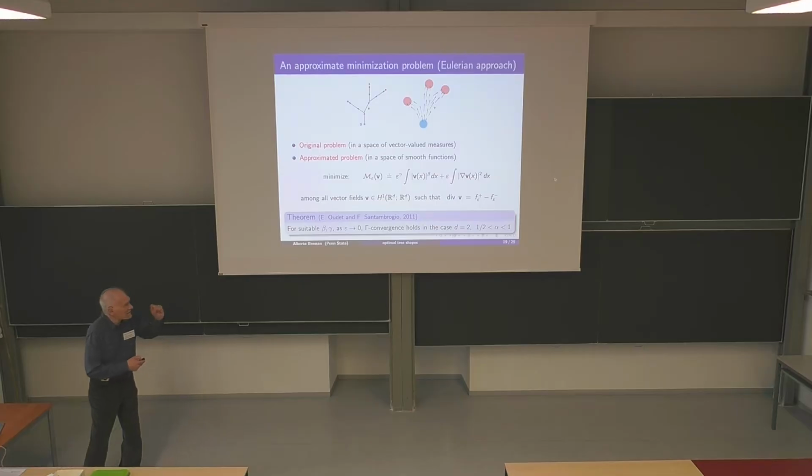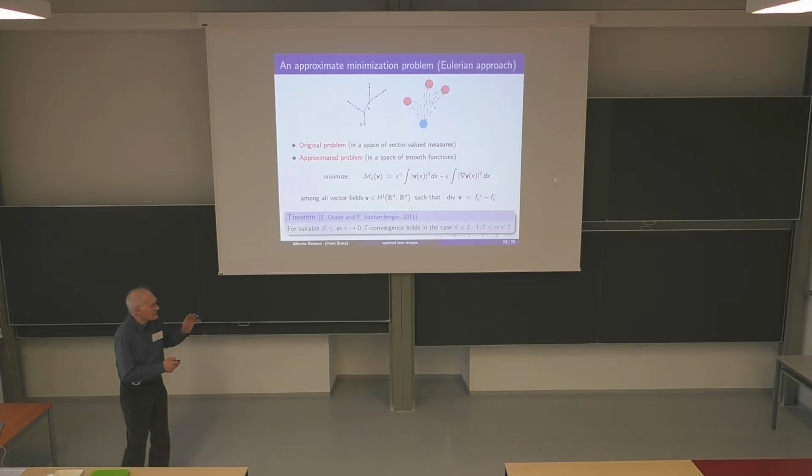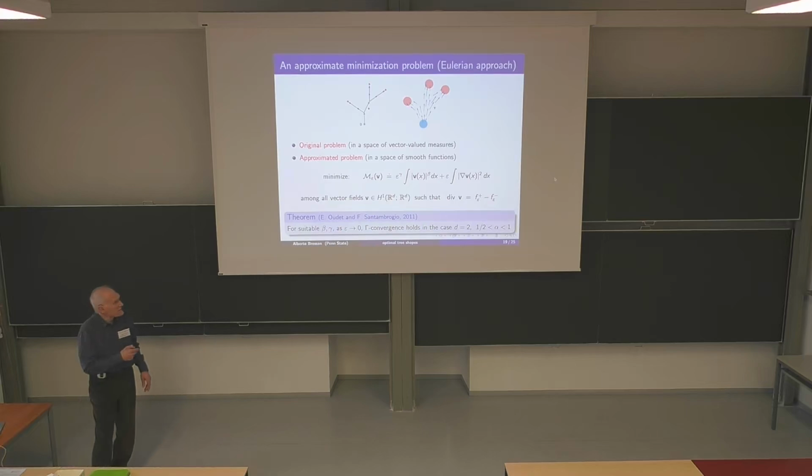So as epsilon is small, we penalize this less and less. In fact, it has to become singular in the limit as epsilon goes to 0. And here we are penalizing the integral of v of x to the beta, d x times e to the gamma. And of course, beta and gamma have to be very precise constants.